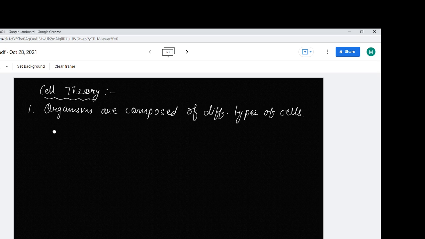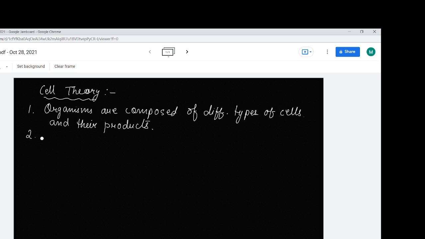The first point says that organisms are composed of different types of cells and their products. So that means every organism is made of cells only. There is nothing else but cells in their body and the products that the cells have prepared.